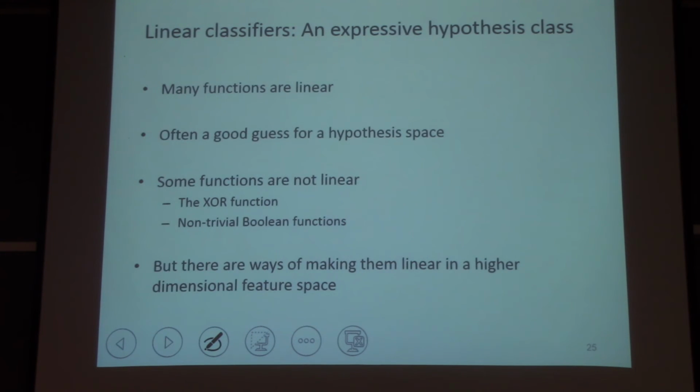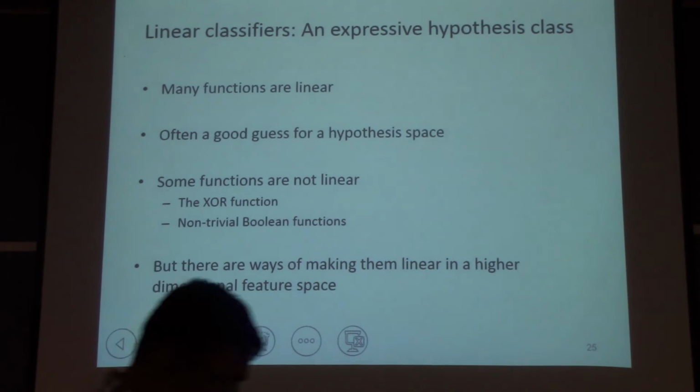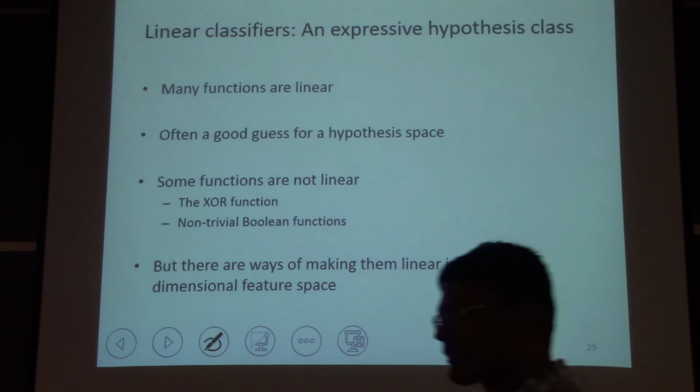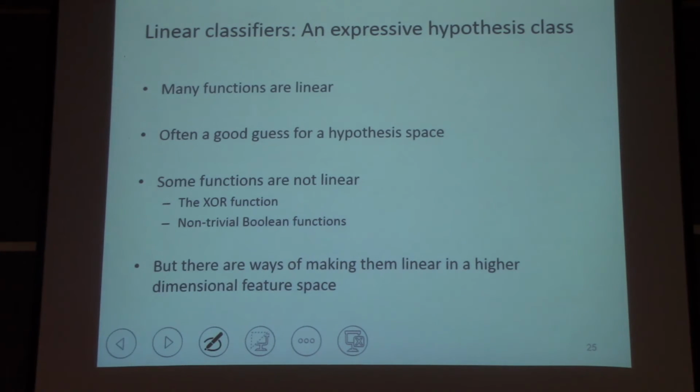Okay, so just to summarize, linear classifiers are a very expressive class of functions because many functions are linear. Many functions can be made linear with this kind of feature transformation trick by blowing up the feature space. And very often we'll be able to find linear functions because things that are not linearly separable can be explained away as noise.